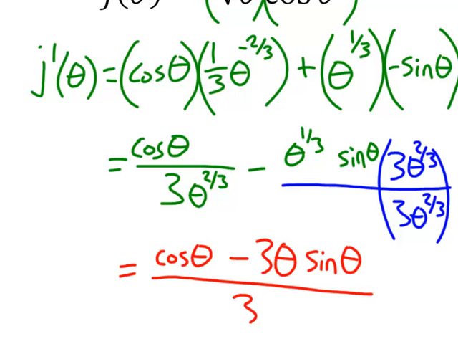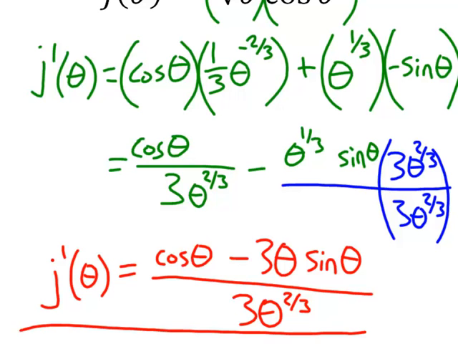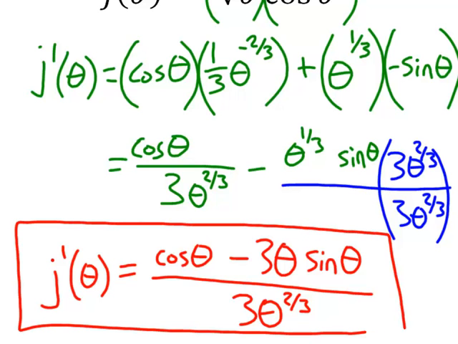And that is all over still 3 theta to the 2/3 power. And that is what many books would consider to be fully simplified. Again, even though I don't insist on it all the time, I would say that when you're checking the back of the book and you're trying to reconcile your answer with the book's answer, sometimes we need to go that extra mile. So we could definitely check this in the way that we've checked derivatives before.